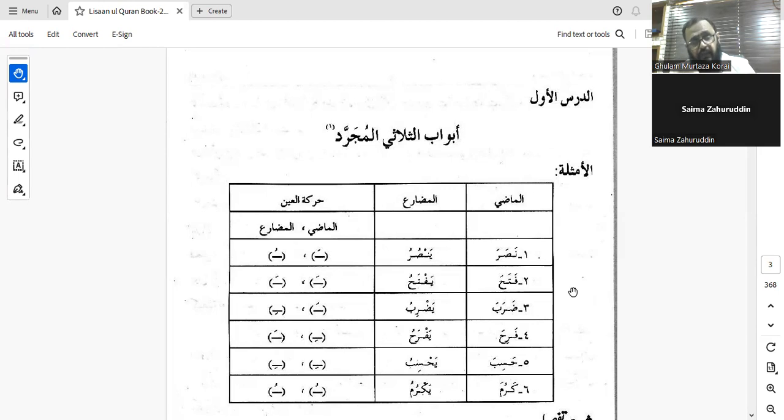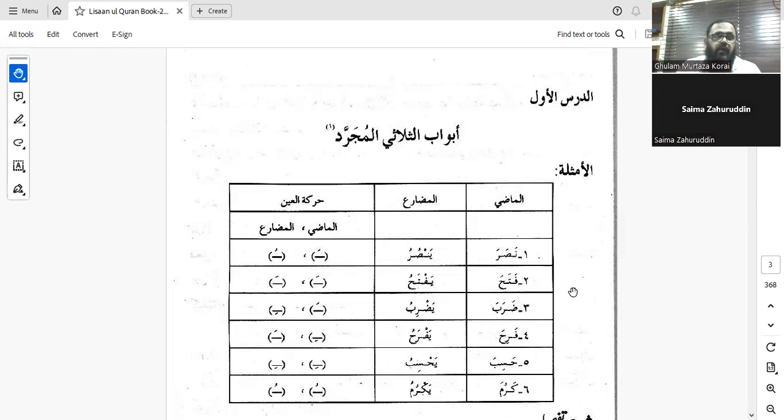In Thulathi Mujarrad, the Kalimatul Ain of Failul Mazi and Failul Muzari takes either Fatha and Damma, or Fatha and Kasra, or both take Fatha, or the Ain of Mazi takes Kasra and Ain of Muzare takes Fatha, or both take Kasra, or both take Damma. Is that clear, sister?